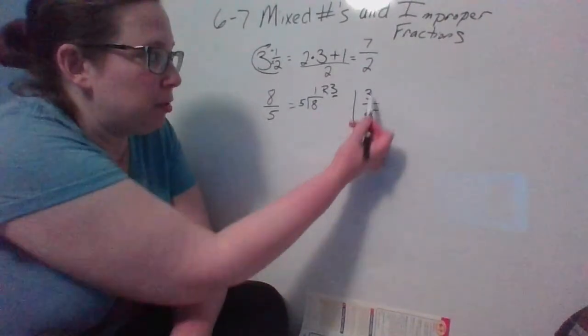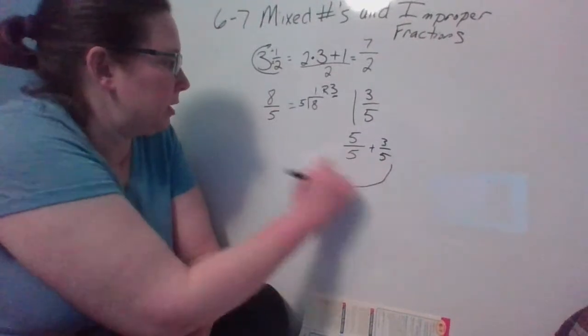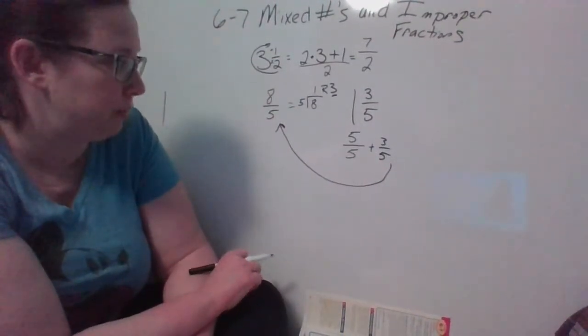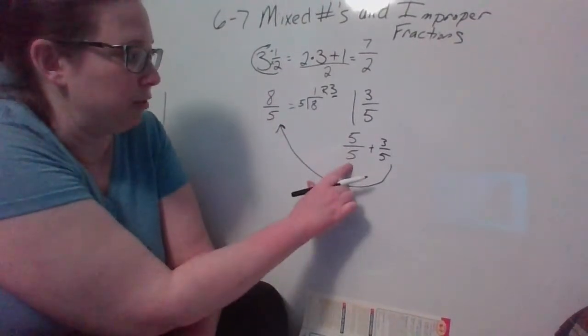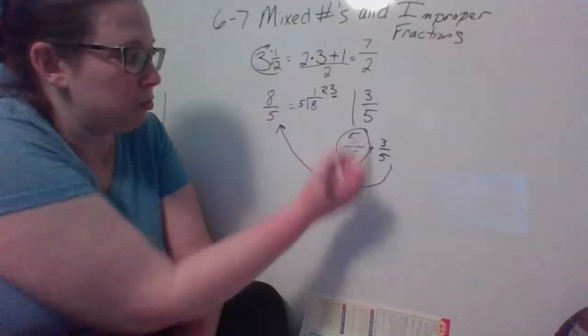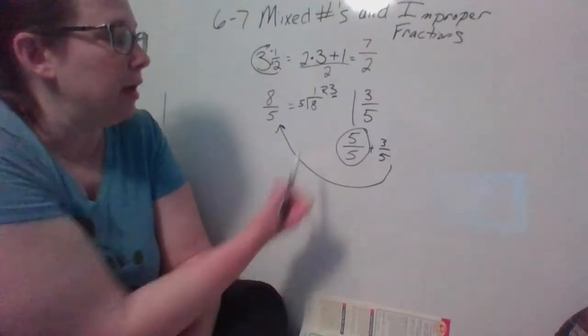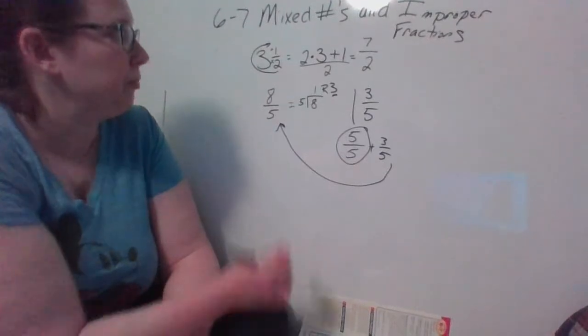So this plus this would take us back to that fraction. 5/5 plus 3/5 equals 8/5. That's kind of where this is coming from. We're seeing how many wholes we have, that's how many times the denominator goes into the numerator, and then what's left over becomes your new numerator.